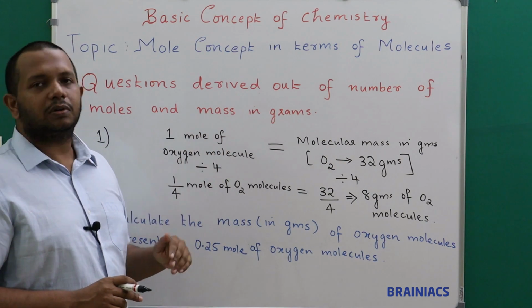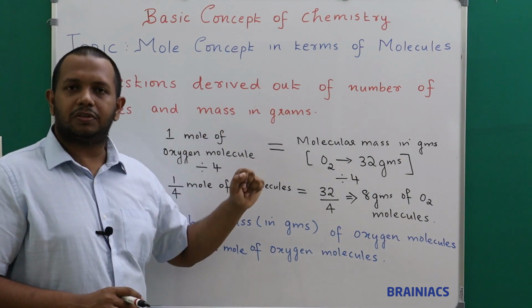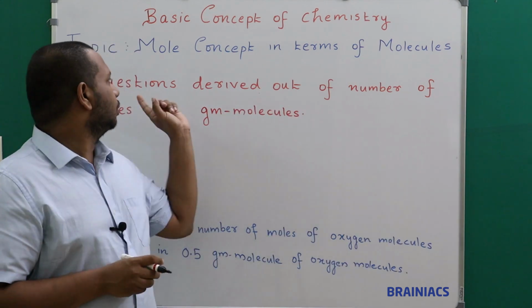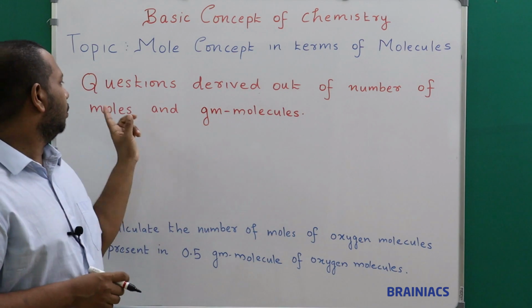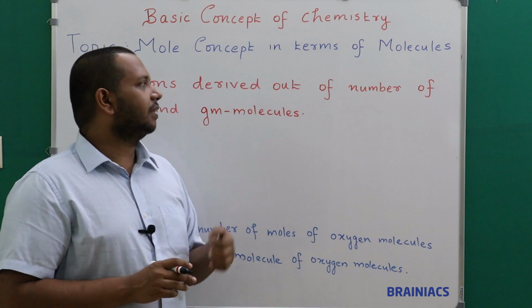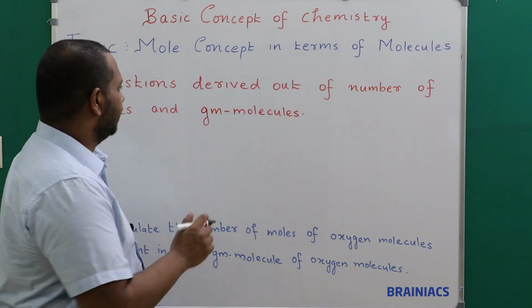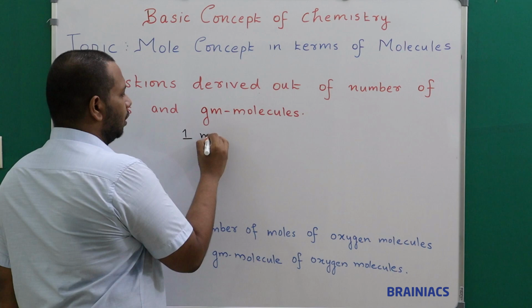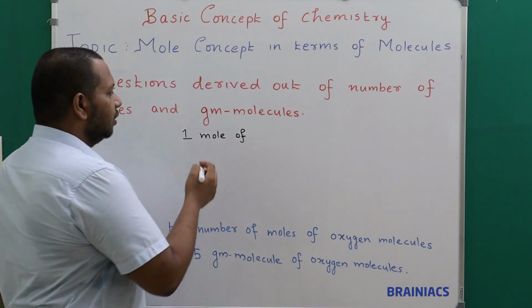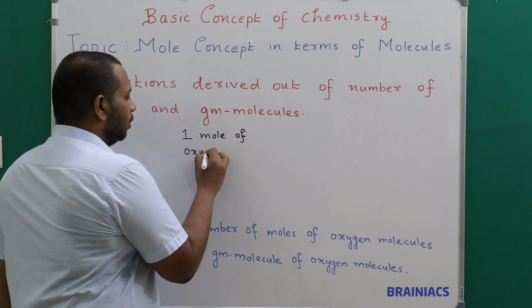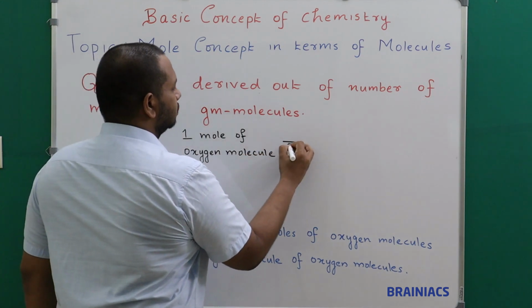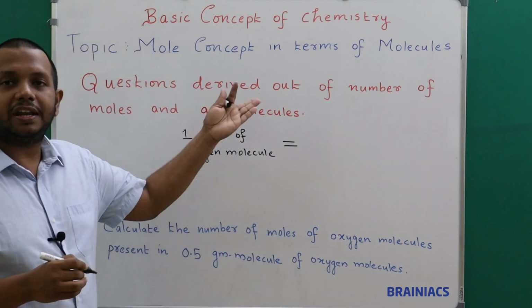Next we will try to derive the relation between the number of moles and gram molecules. So the next topic is the questions derived out of number of moles and gram molecules. Next relationship. What is the basic fundamental formula for that? I know that 1 mole of any molecule, but here it is oxygen given, so I can say 1 mole of oxygen molecule is equal to how many gram molecules?